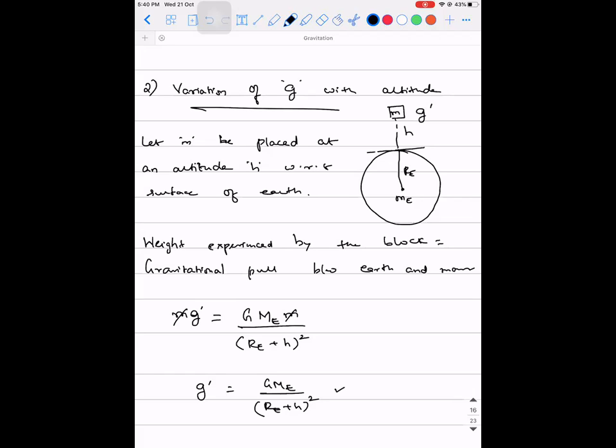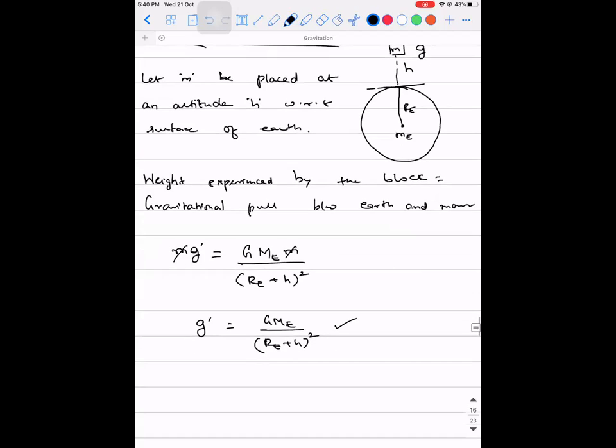That's what the mathematical expression says. So g dash is the acceleration due to gravity at height h.